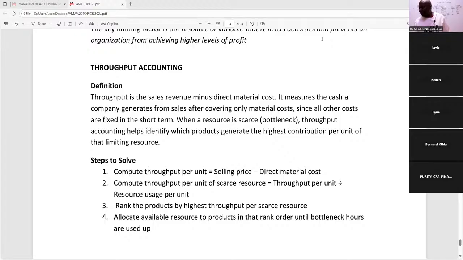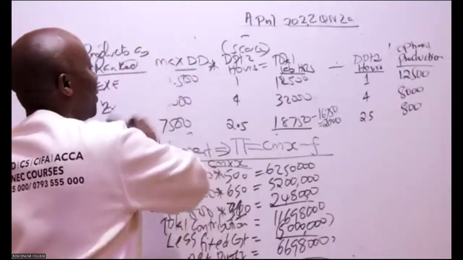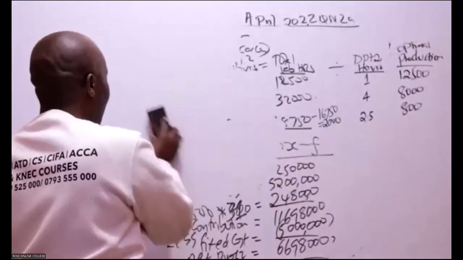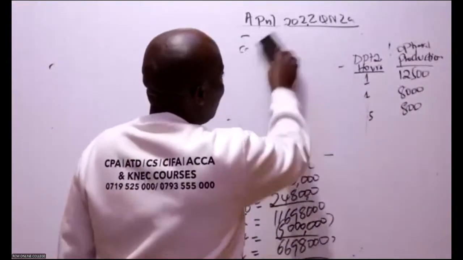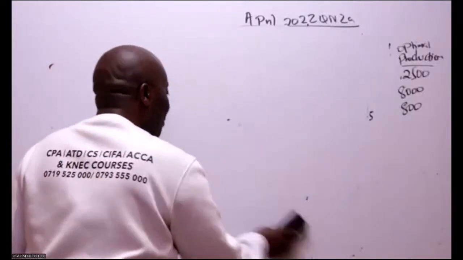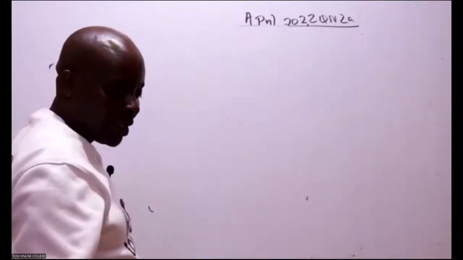If I explain something small before I start reading this, you see, we have three types of variable expenses: direct materials, direct labor, and lastly variable overheads. The people who discovered throughput accounting came up with a very good concept.